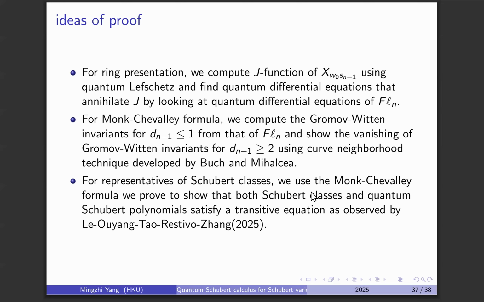Then for the representative of the superclass, we use the Monk-Chevalley formula to prove that the superclass satisfies a recursive equation. So you have an inductive relation for the superclass. And then you only need to prove that the quantum superpolynomials also satisfy this inductive equation. And this was observed by these five people in a recent preprint.